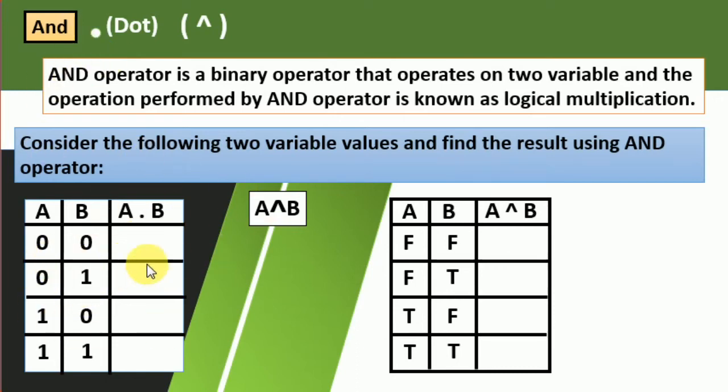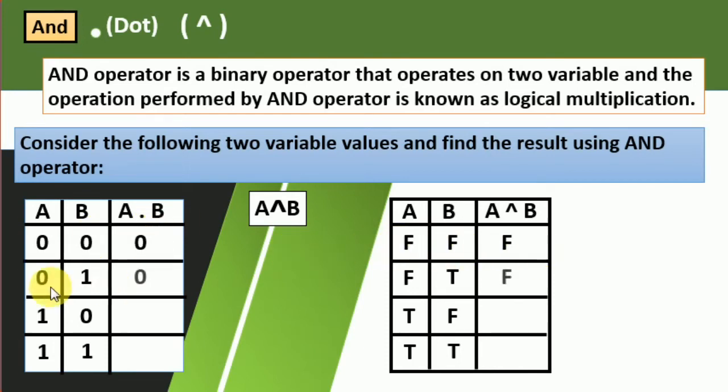Now A dot B means A multiply or A and B. In the case of and, if both are true, only then is the result going to be true. If there is any one false, the result automatically becomes false. So 0, 0, false, false means false, that is 0.